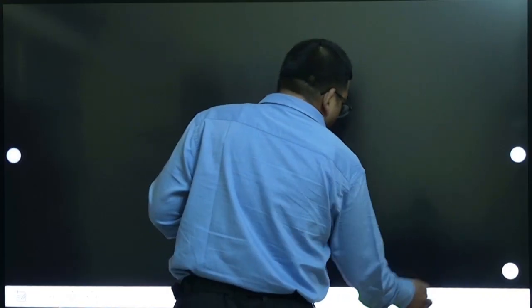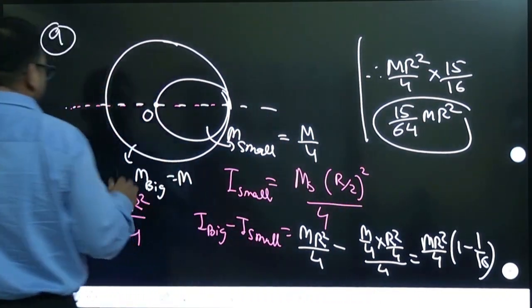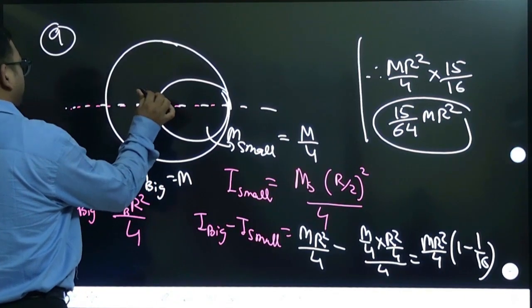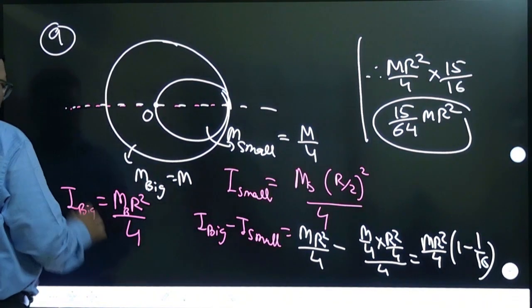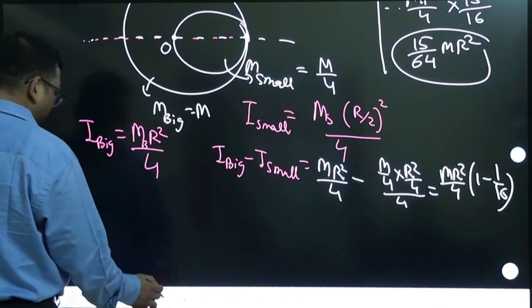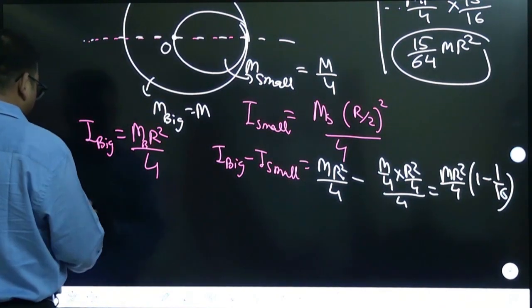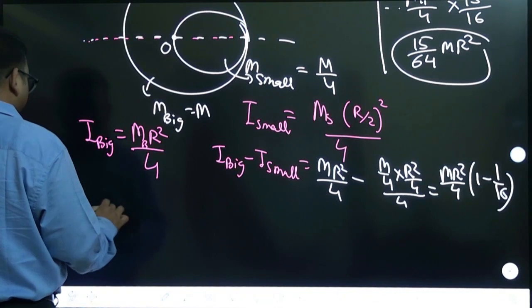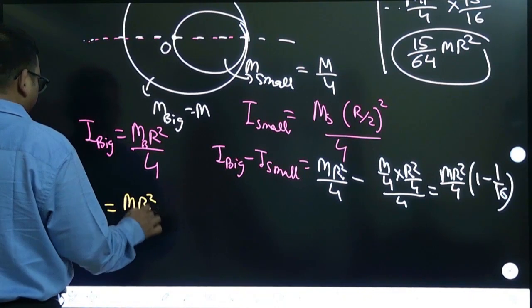Maybe if they ask for the perpendicular axis, then the answer may be different. If you want, you check for the perpendicular axis also. Suppose the axis is this perpendicular axis. Then in that case, for the perpendicular axis, I big will be Mr square by 2.